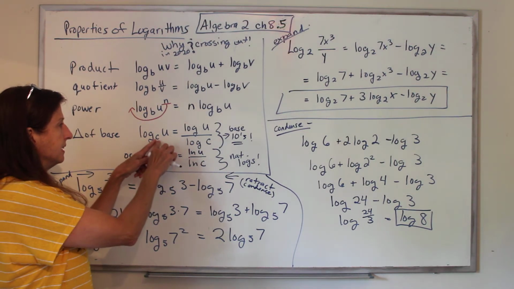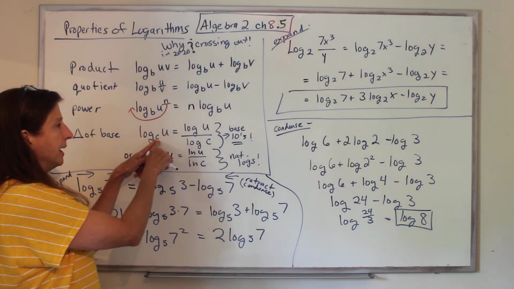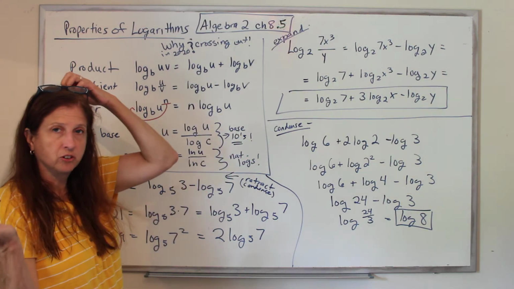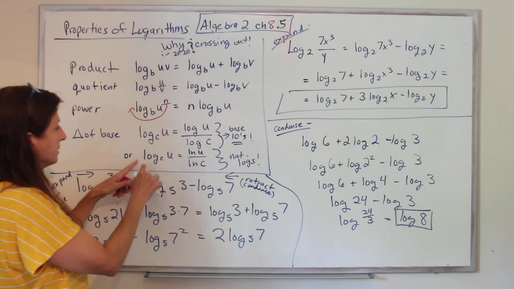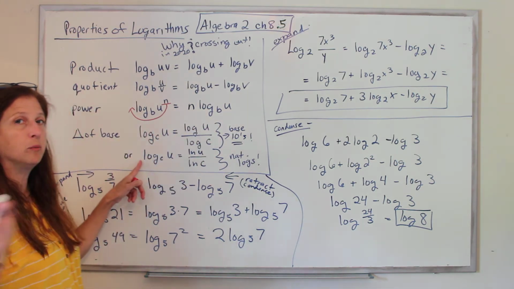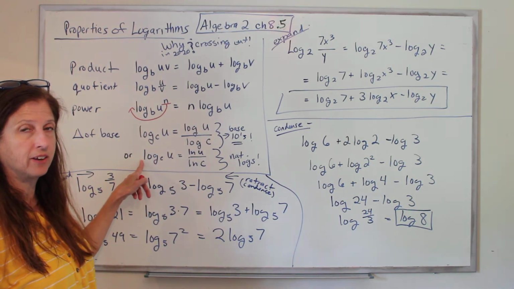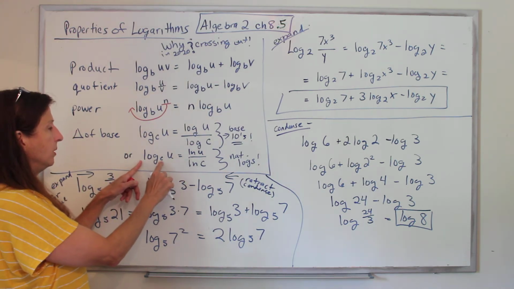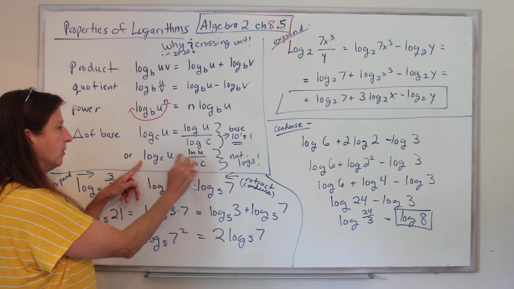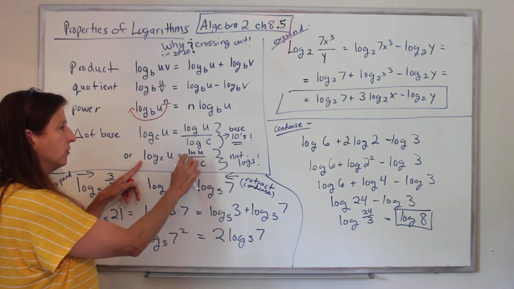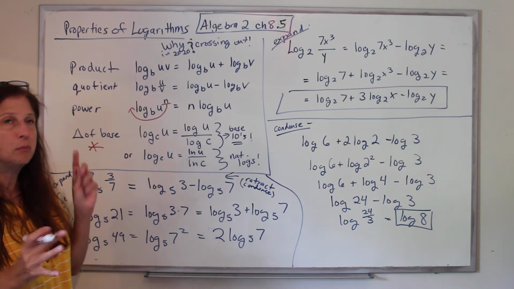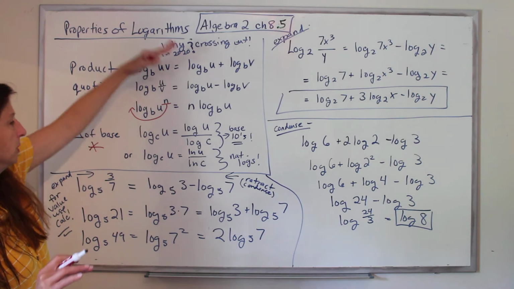So this little base goes there, the big number goes there, they're base 10s, you can do them on your calculator. Or we got the natural log button, and we could use that too. It works the same way. You put the little number down here, the big number here, and you can use the natural log. So that used to be real important. Not so much anymore, but these are still real important.